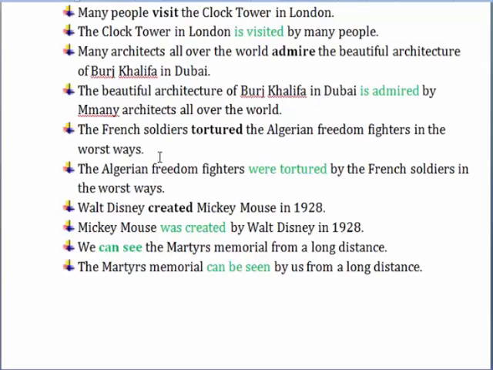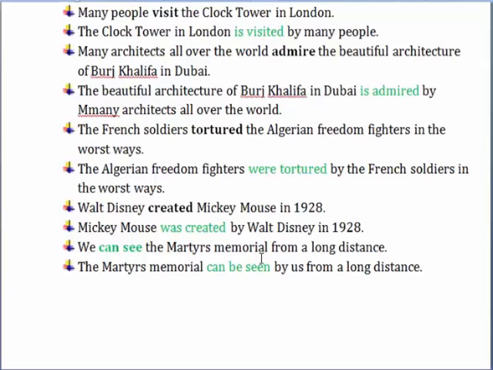The French soldiers tortured the Algerian freedom fighters in the worst ways. The Algerian freedom fighters were tortured by the French soldiers in the worst ways. Walt Disney created Mickey Mouse in 1928. Mickey Mouse was created by Walt Disney in 1928.